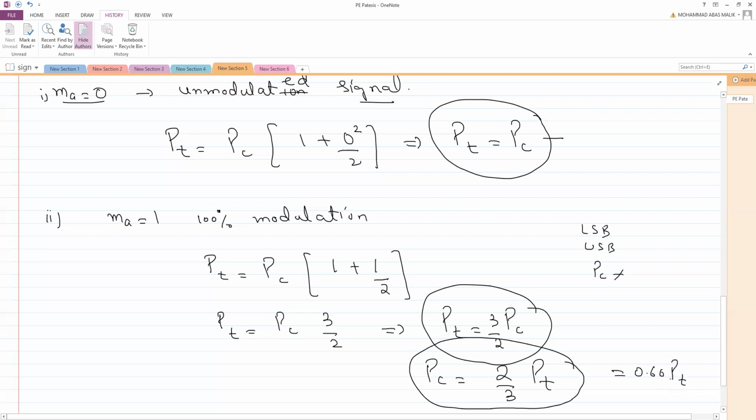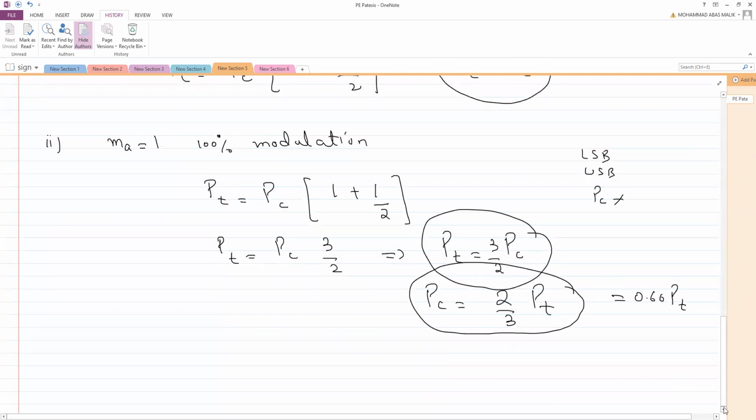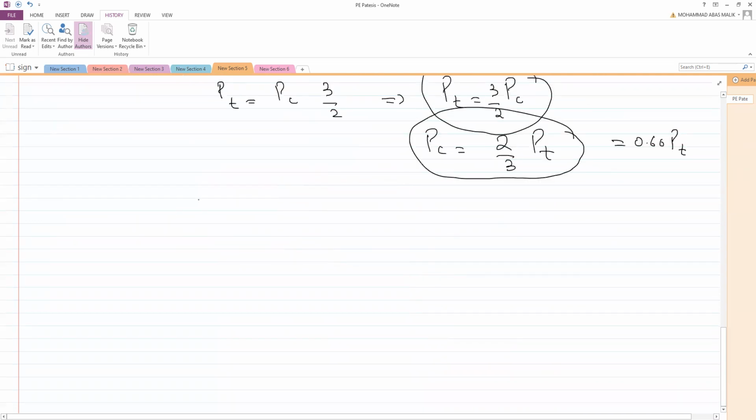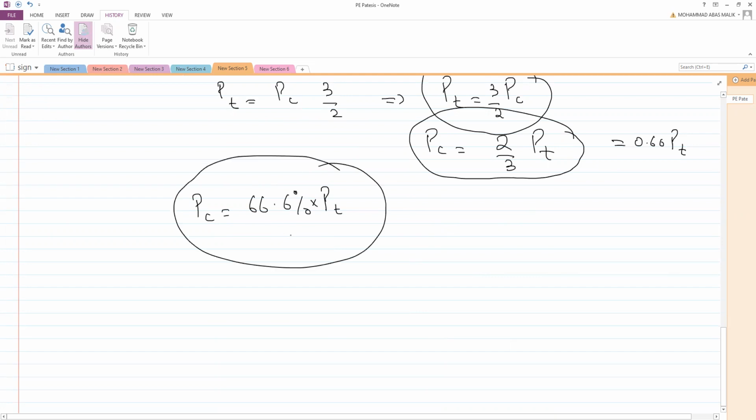When the modulation index is 1, the carrier power is 66.6% of total power. This is the wastage of power, and power is a very important resource, because the carrier does not contain any information.